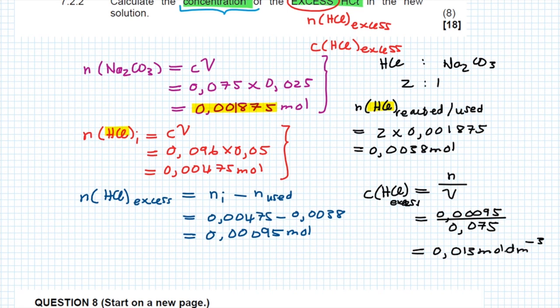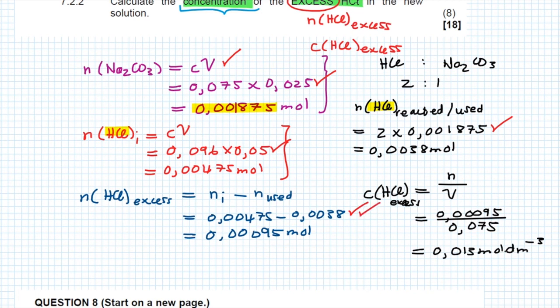You're going to be awarded marks as follows. Number 1, you're going to get a mark for your formula. Number 2, a mark over here for substituting. A mark for your method of calculating the initial number of moles. A mark for your method of calculating the number of moles that actually reacted or was used up. You're going to get 2 marks for calculating the number of moles of HCl in excess.